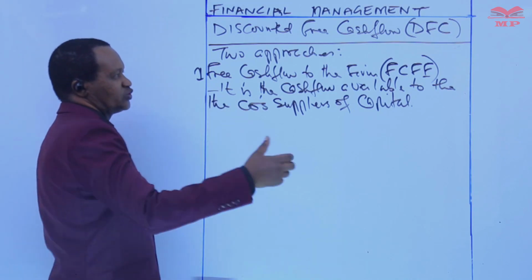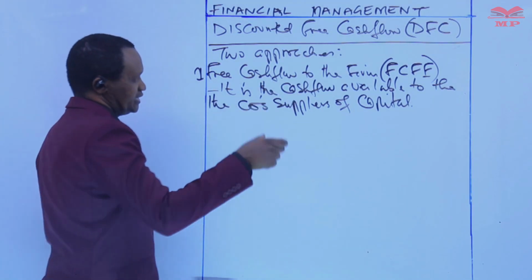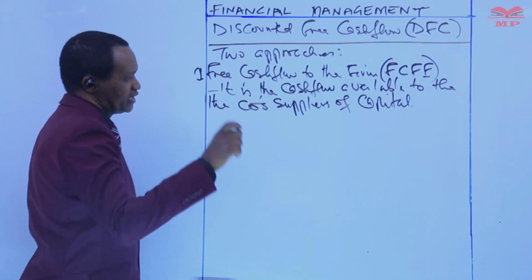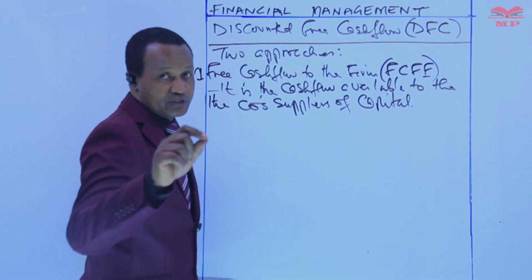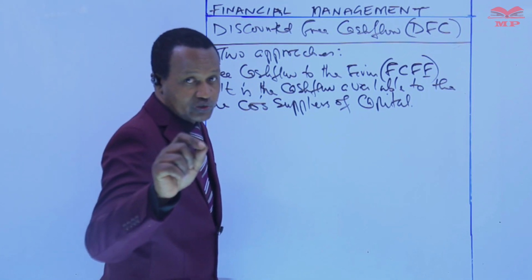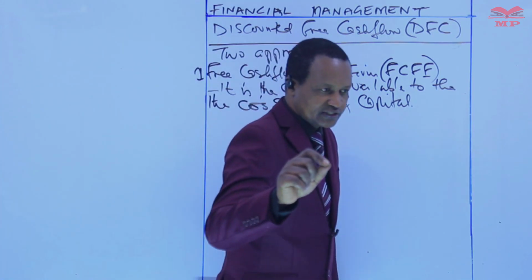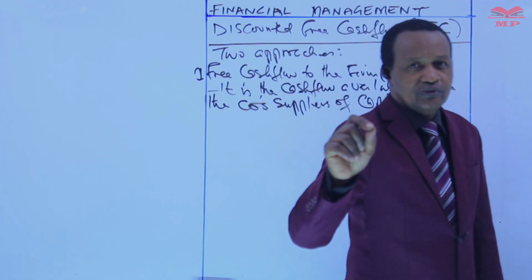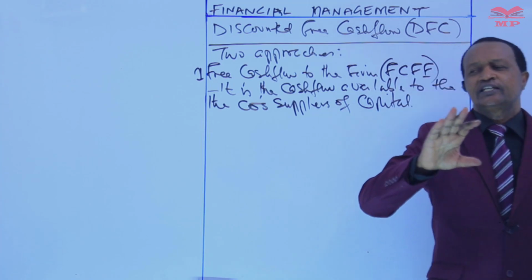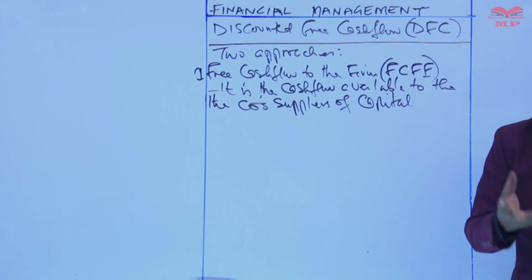It is the cash flow available to the company's suppliers of capital, which include the stockholders, the bondholders, and the preference shareholders.